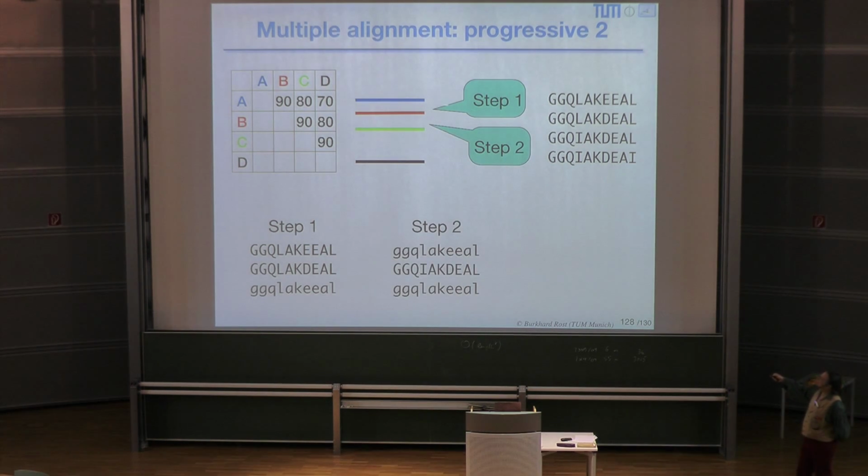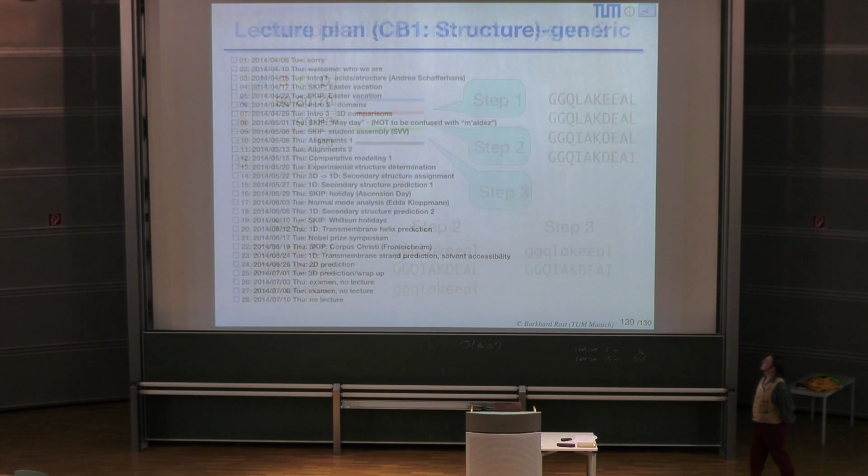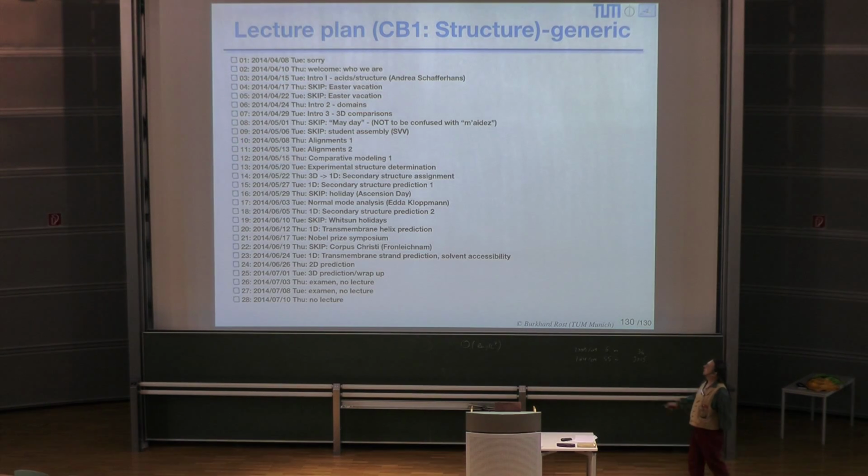You could now, in the second step, already put the next most similar into that one. So rather than doing black and green and then do a pair of pairs, you could immediately do the first pair and then see that the pair of pairs is most similar to green, so pull the green in then and build up like that. In principle, the idea is the same. It's just a different way of doing it.